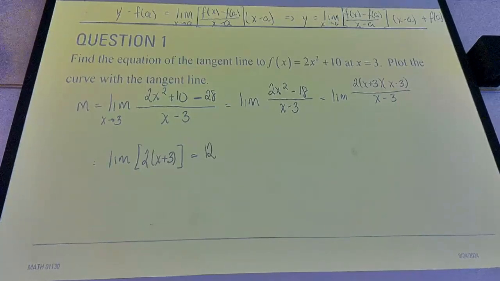Slope is 12. 18 minus 36. It's not 8. Negative 18.